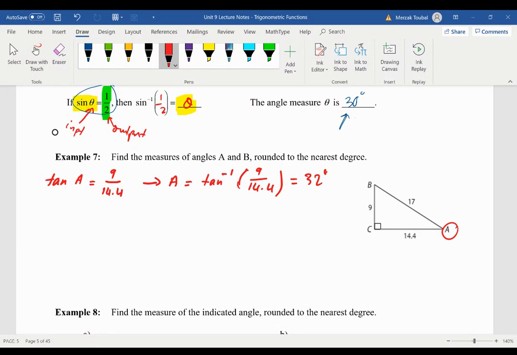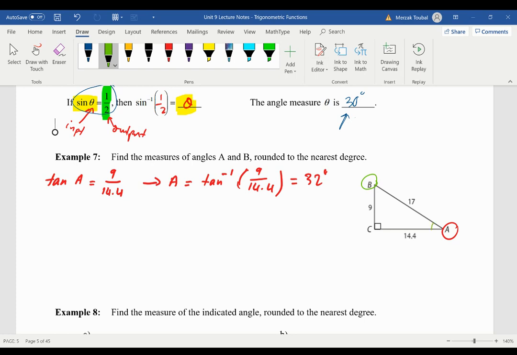Now, let's do angle B. We can also use tangent for angle B. Or probably we don't need to use any trig function for B. Why?